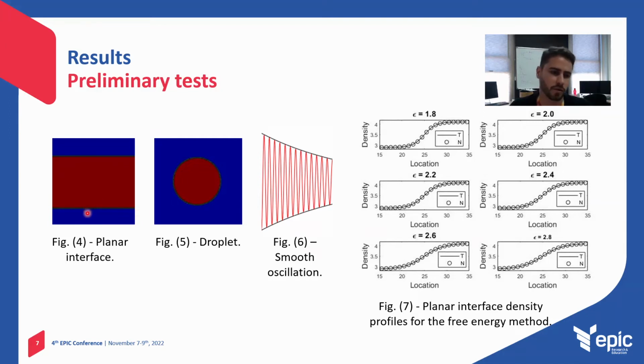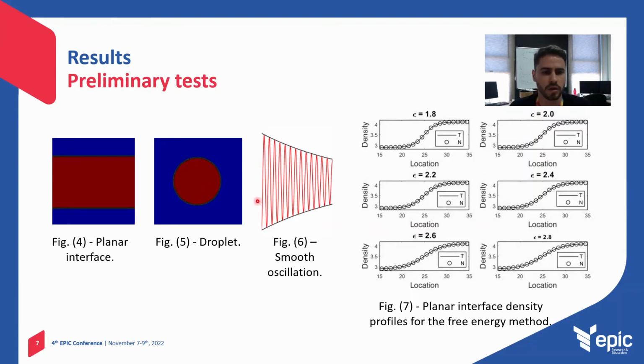Then a static droplet, where we can measure if the surface tension that we are trying to impose in our simulation is the same as the one we measure in the final simulation.